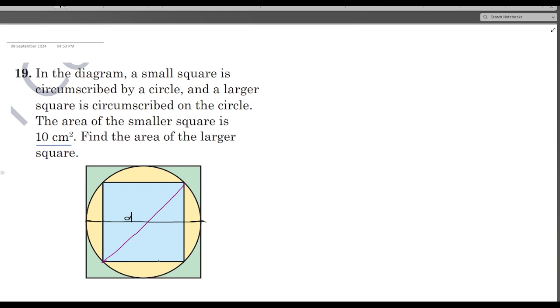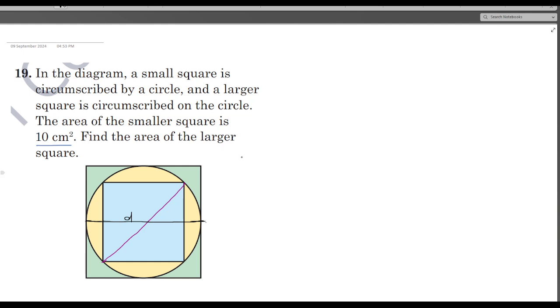And the area of this inner square, whose diagonal is of length D, is going to be half times D square, because the area of a square can be written as side square, or as half times diagonal 1 times diagonal 2.